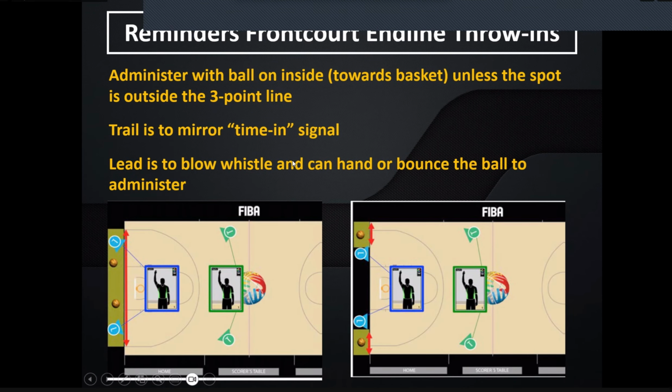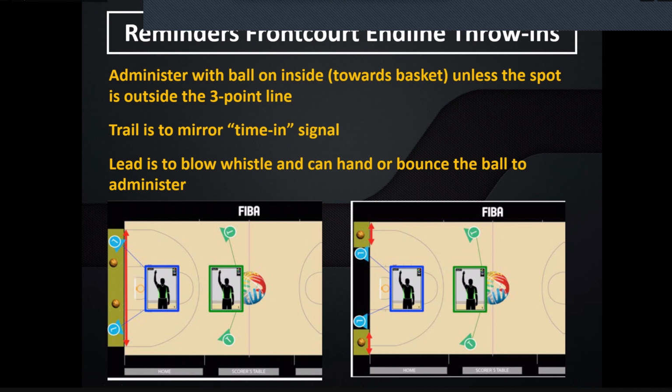Reminders, front court throw-ins: our trail is going to mirror the chop-in. This says whistle can hand or bounce the ball to administer. I know some people are told, oh, always hand on the offensive end line.